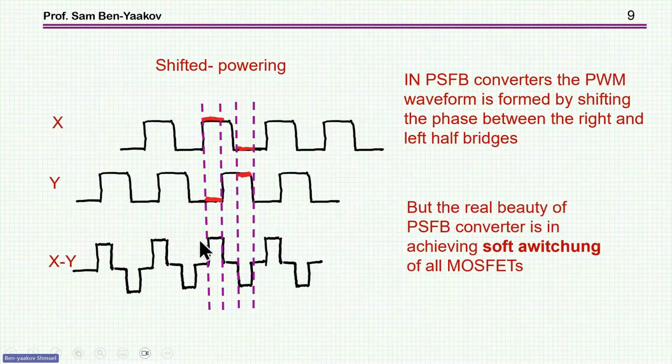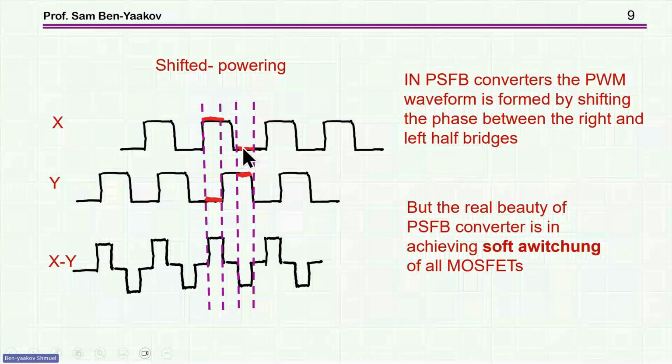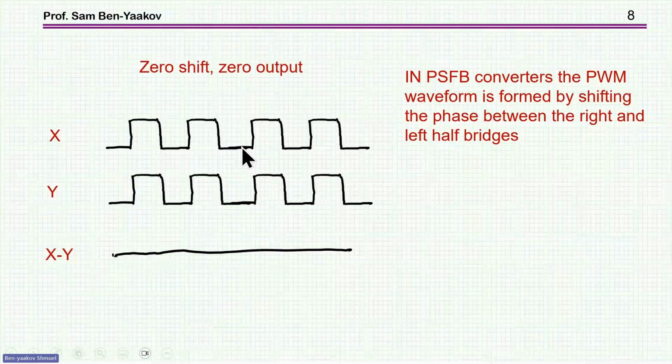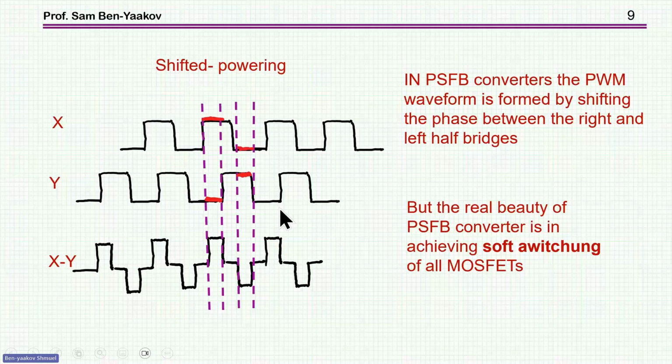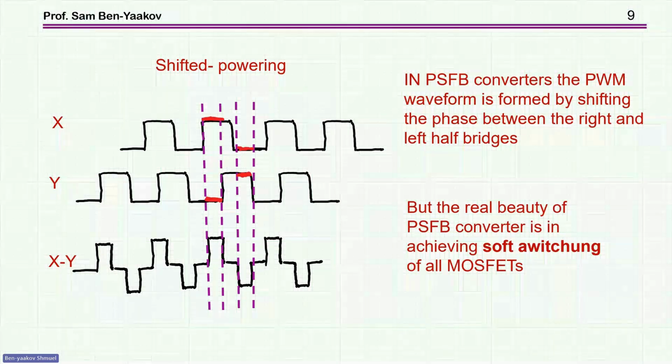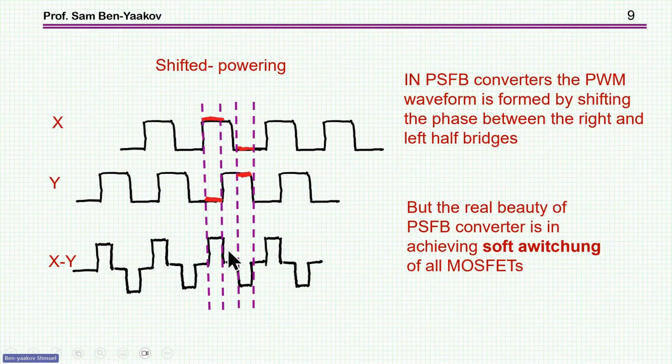And if it's the other way around, Y is high and this is low, then the reverse voltage is fed to the transformer. So the first point here is that we are generating the duty cycle by this phase shift.